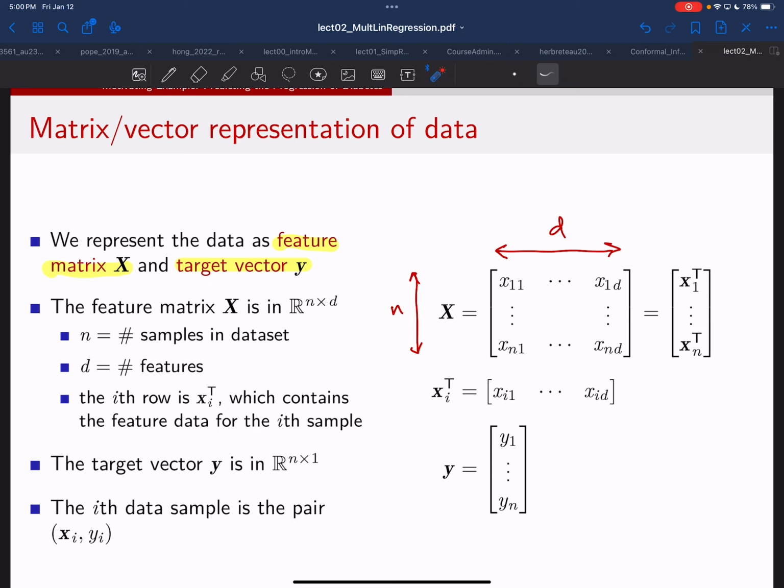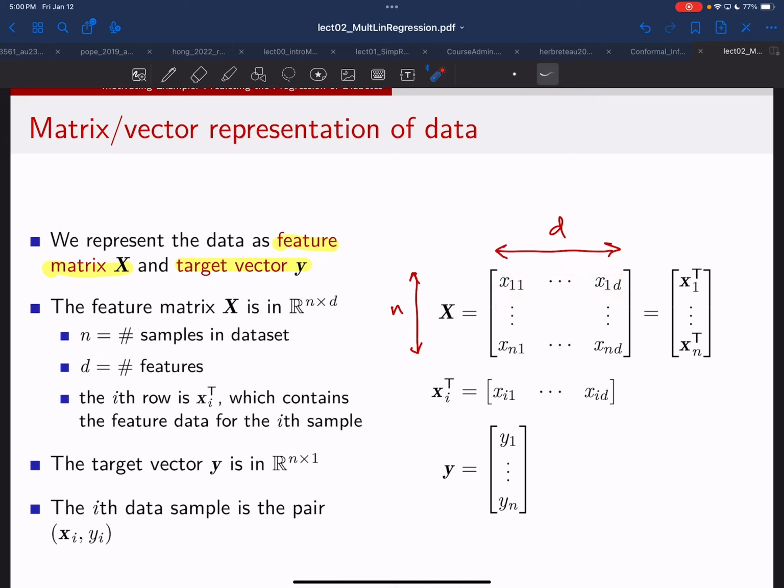Now, in terms of looking inside this matrix, it makes most sense to think about the rows as units. For the first sample, these are my feature values. For the second sample, the next row is.